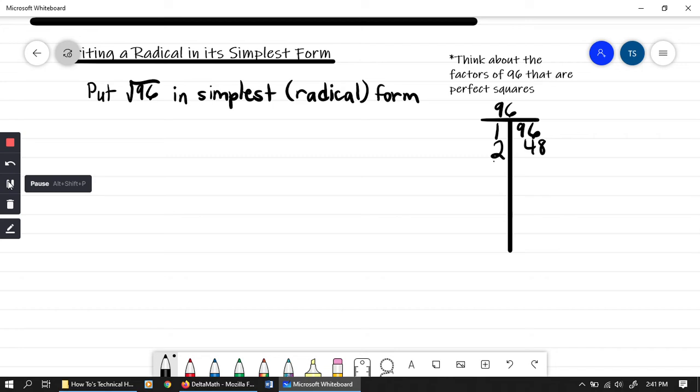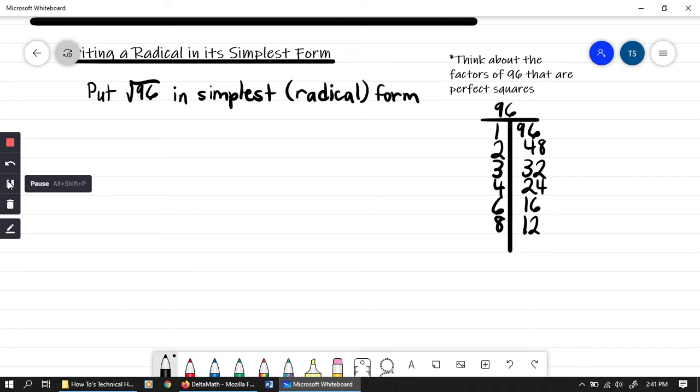We've got 3 and 32. We've got 4 and 24. We've got 6 and 16. And we've got 8 and 12. So these are factors of 96.